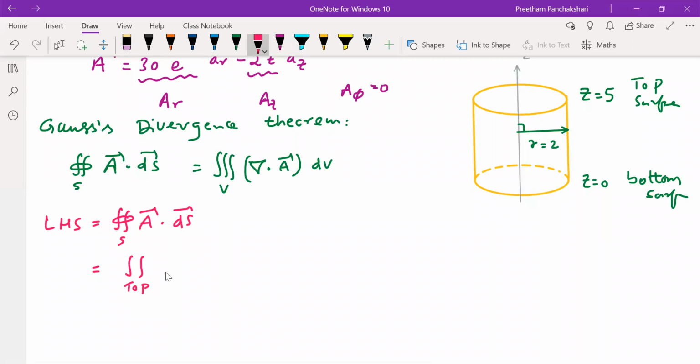The first integral for the top surface, the second integral for the bottom surface, the last one for the cylindrical side.